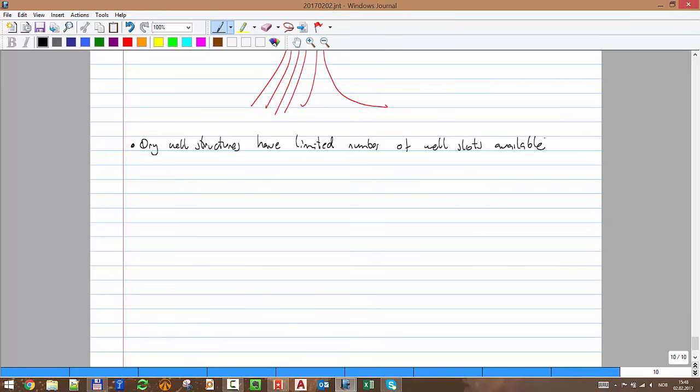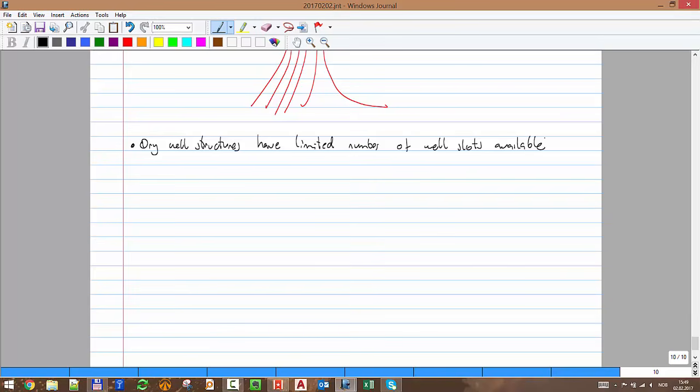But if you have plans in the future, let's say, depending on, also you don't have all the information on the reservoir. So let's say some years in production, after 2-3 years, you realize there is an area that is not really connected to the rest. Okay, that is, there is a fault, or there is something like a shale layer that is not connected. So you need to drill additional wells. So for dry well systems, you don't usually have that flexibility because the number of slots is really limited.